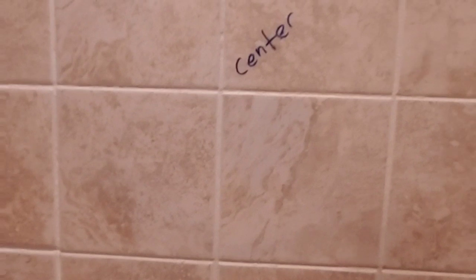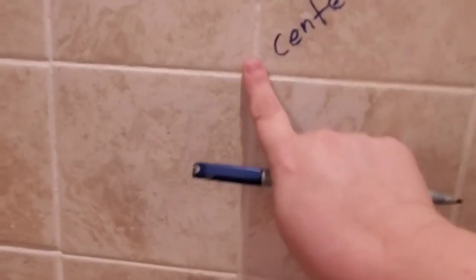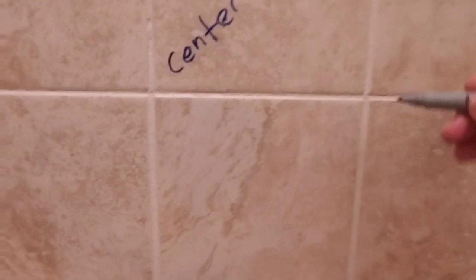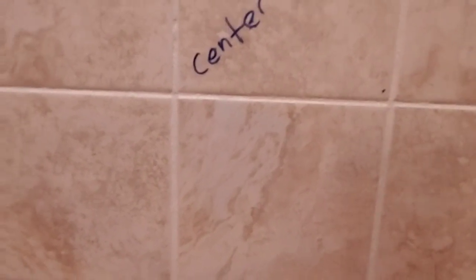In taxicab geometry, if we want to draw a circle, we can still recognize the center and go 1 unit for the radius to the north, to the south, to the east, and to the west.